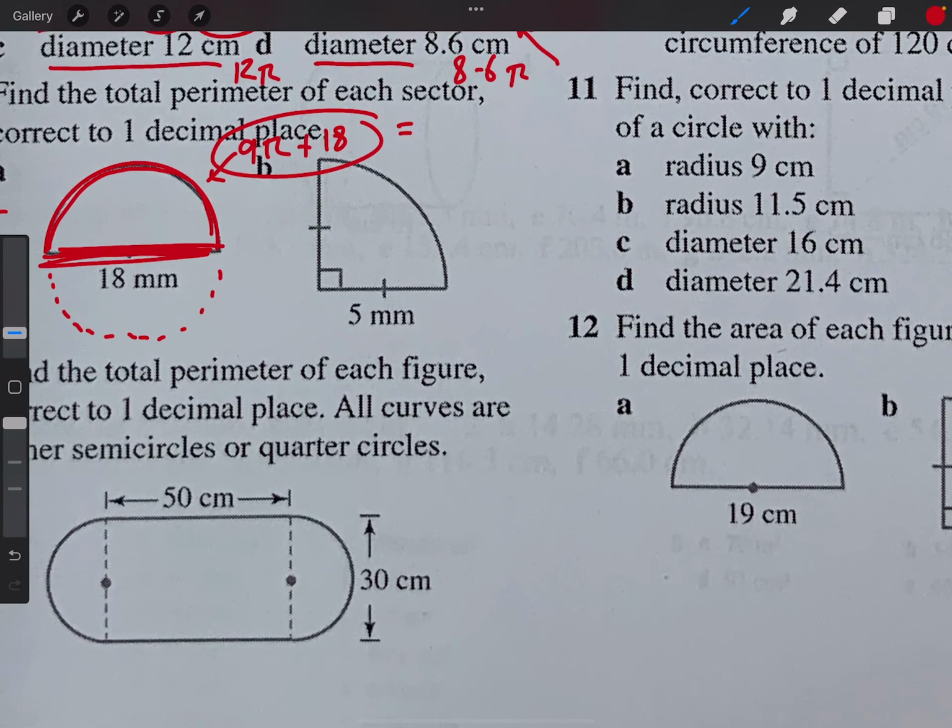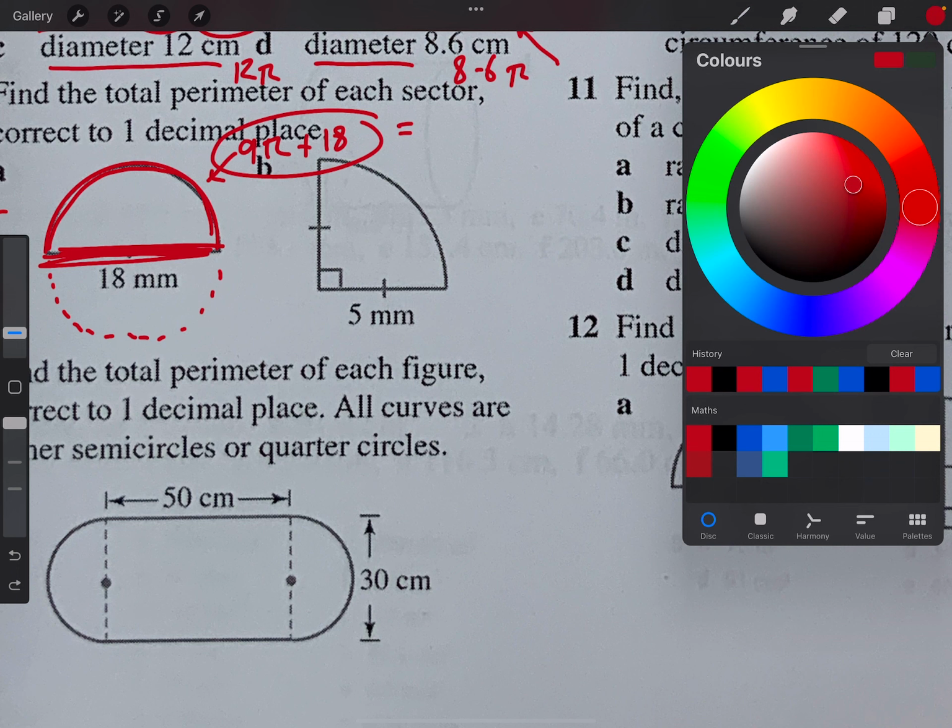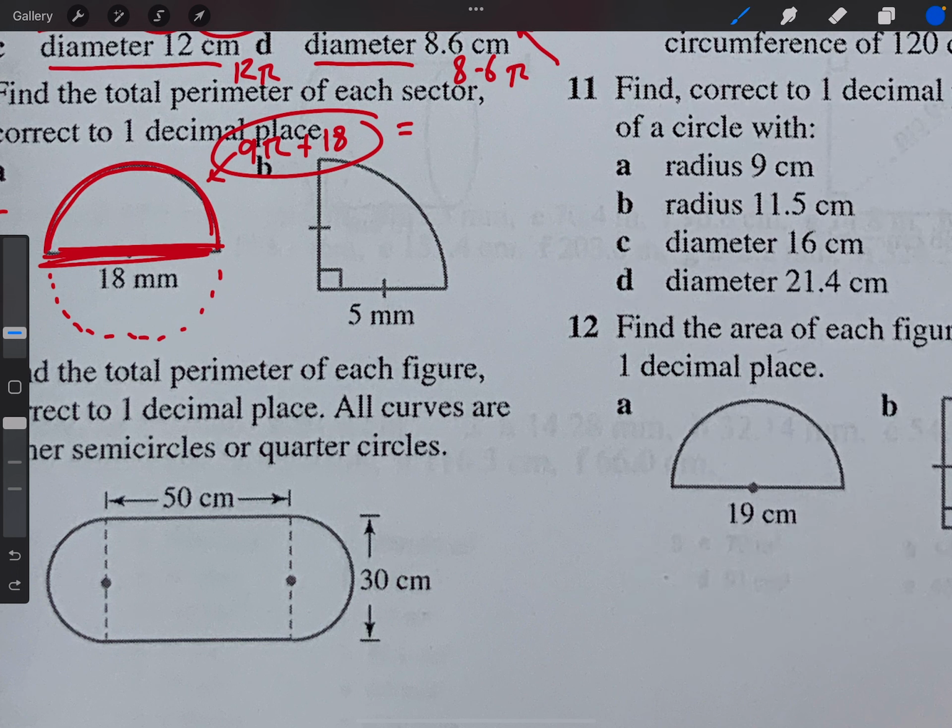Now question B, we're going to find the perimeter here and we're going to do a quarter circle. So the circumference of this quarter circle is going to be diameter times pi, or we can do 2 times radius times pi.